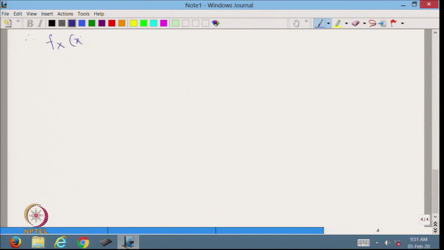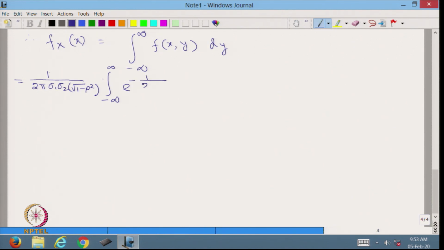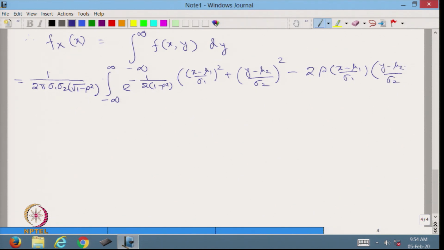Therefore, f x of x is equal to minus infinity to infinity f x y dy is equal to, we take the constant term out, into integration minus infinity to plus infinity e to the power minus 1 upon 2 into 1 minus rho square into x minus mu 1 upon sigma 1 whole square plus y minus mu 2 upon sigma 2 whole square minus 2 rho x minus mu 1 upon sigma 1 y minus mu 2 upon sigma 2 dy.